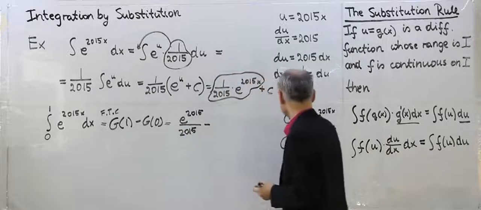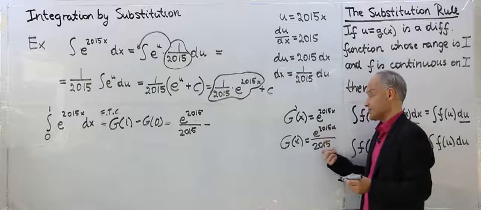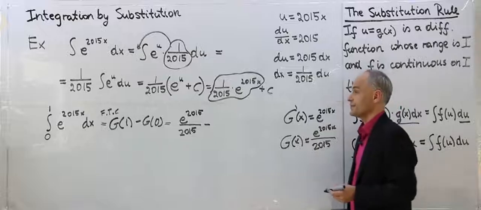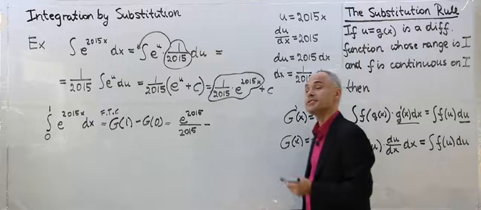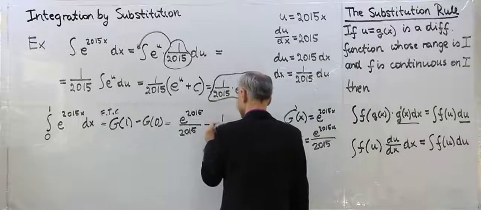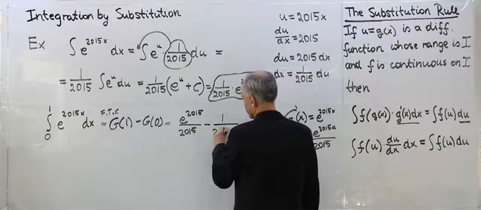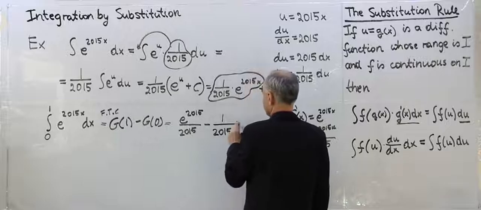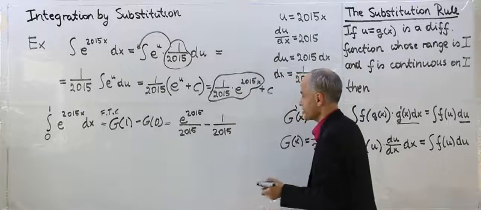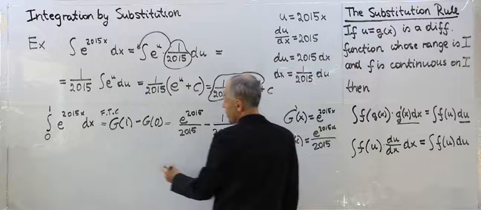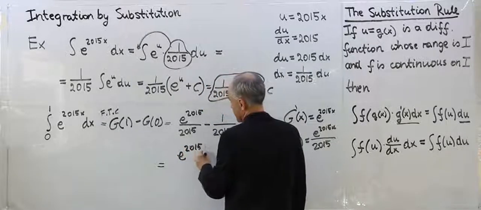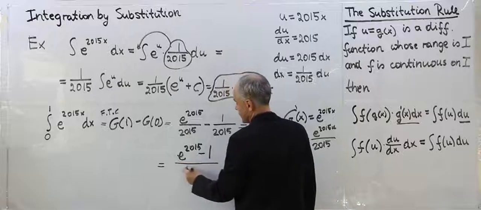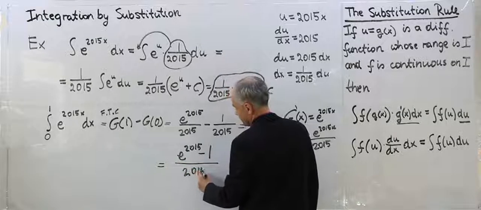And then g of 0 is e to the 0 over 2015, which is, no, it's not 0. E to the 0 is 1. So I get this expression, and perhaps you could, if you want, rewrite this as e to the power 2015 minus 1 divided by 2015.